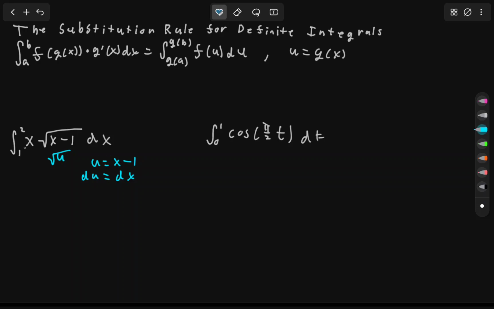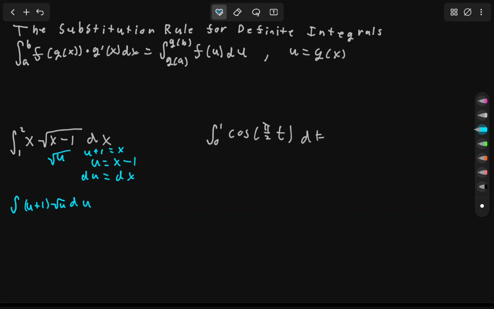But we're now going to solve for x in terms of u. So we get u plus 1 is equal to x. And now we sub in u plus 1 for this x over here. So we get the integral, and I'm going to do the bounds in just one moment, of u plus 1 times the square root of u du.